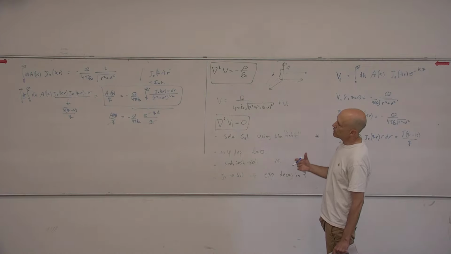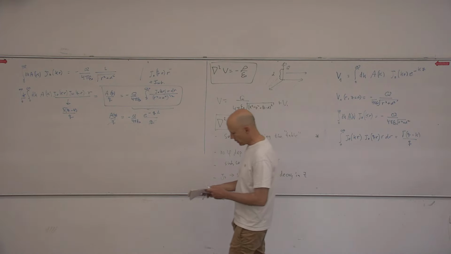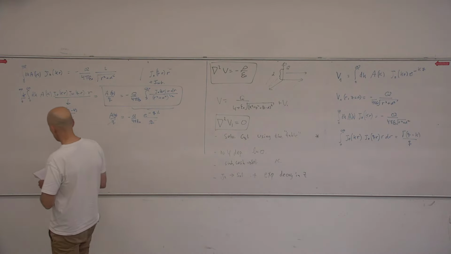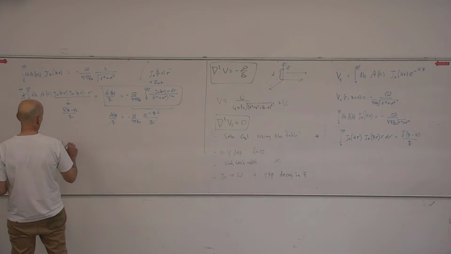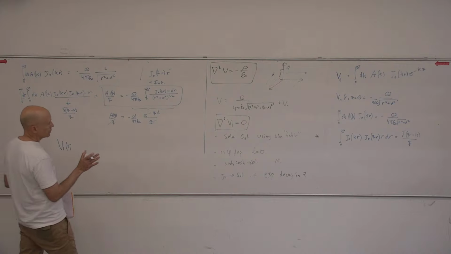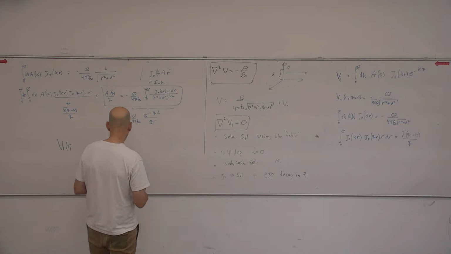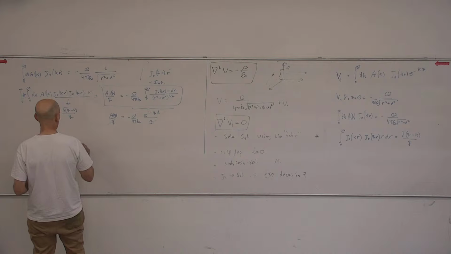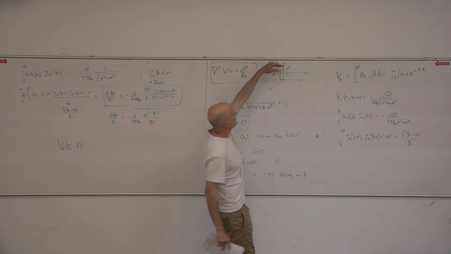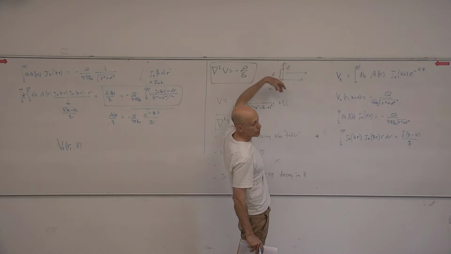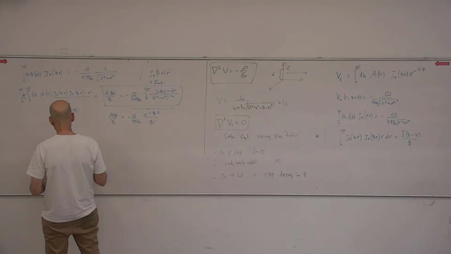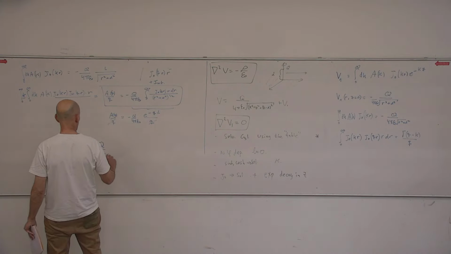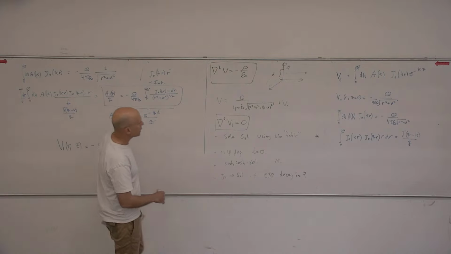Then I can plug this AK back, and it looks like the solution for V1. It's a function of R, the distance, and Z, how far you are. Of course, when you go very far away, the influence of these things has to diminish in some way. This is equal to minus Q over 4 pi epsilon 0, simply the A that I'm plugging in here.